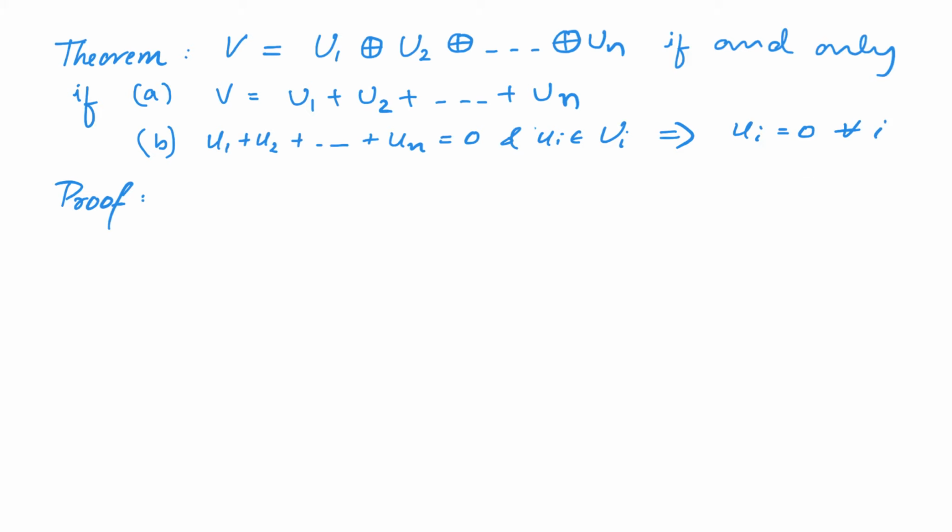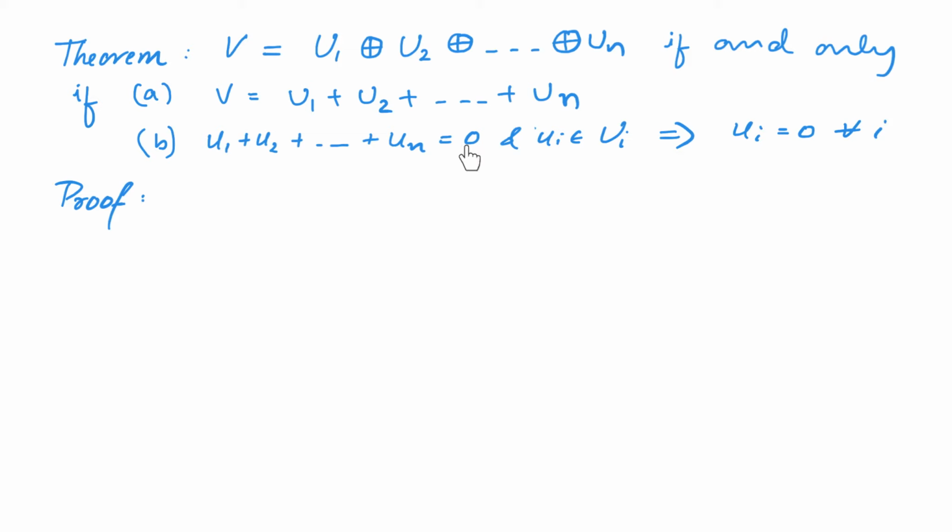Now notice that one direction of this theorem is obvious, and we had already mentioned that earlier. Namely, if V is a direct sum of subspaces U1 to Un, then clearly V is a sum of those subspaces. Moreover, as V is a direct sum, every element in V can be expressed as a unique sum u1 plus u2 plus u3 plus etc. up to un.